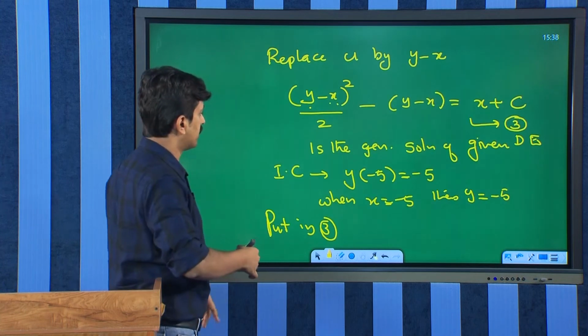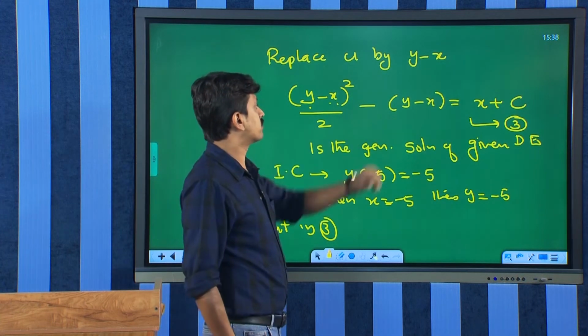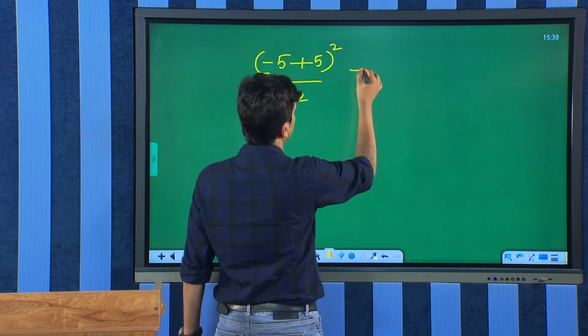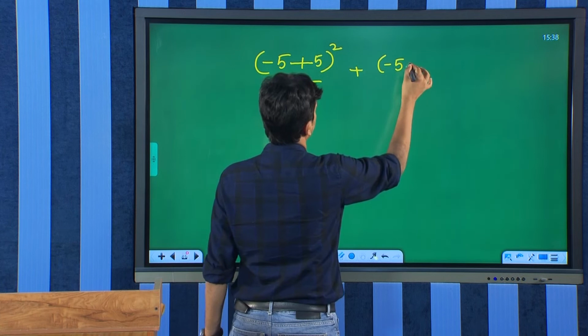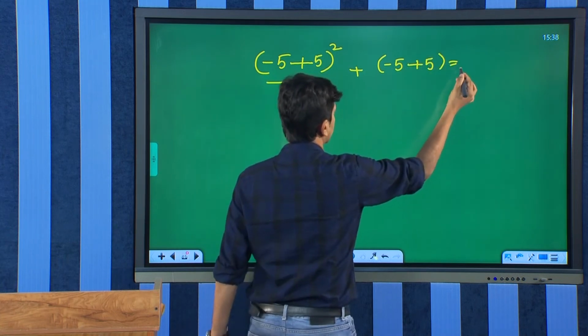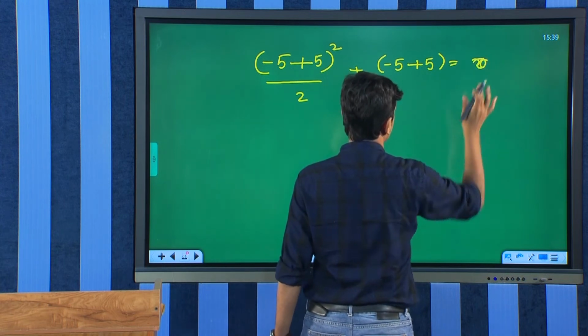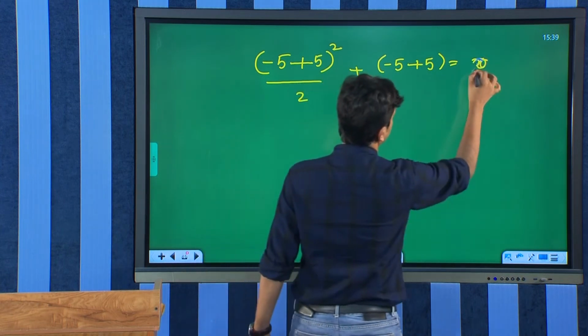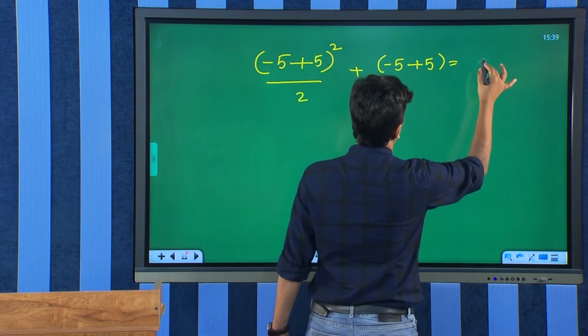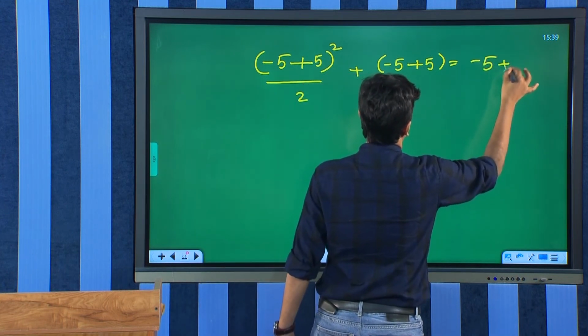Then the next one is minus (y minus x), that is minus (minus 5 minus minus 5), is equal to x plus c, and instead of x the value is minus 5, plus c.